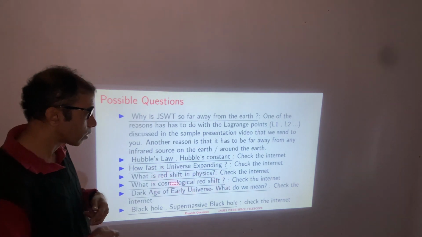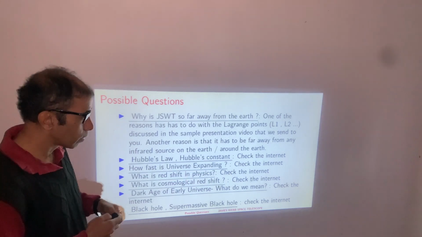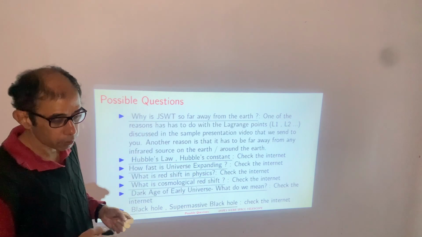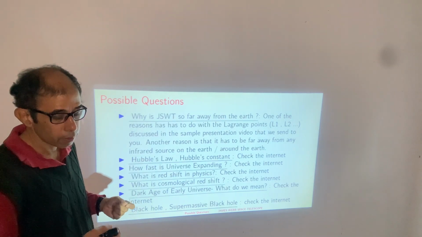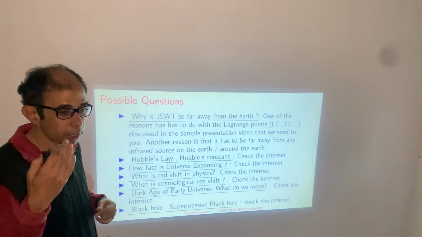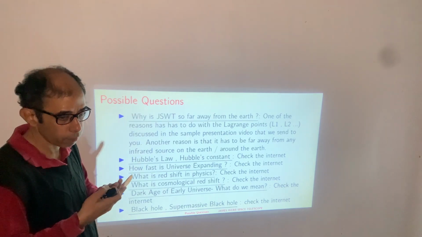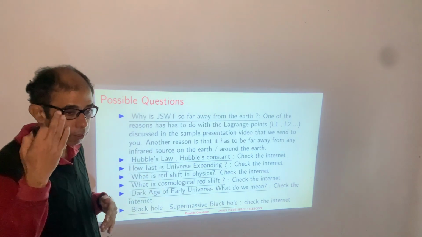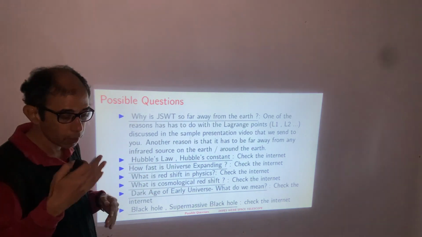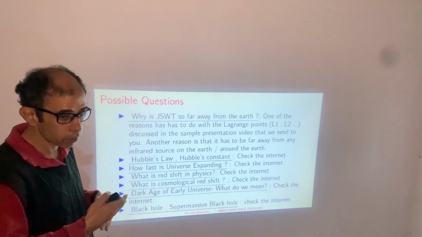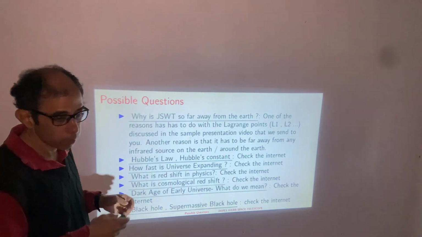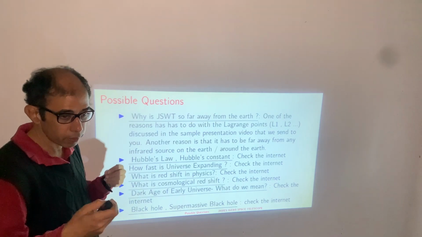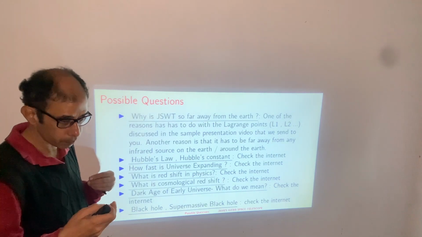And cosmological redshift is the increase in wavelength due to the expanding universe. Since the universe is expanding, a gamma ray, which has a very short wavelength, if emitted in the early universe, is now, after so many years, not a gamma ray anymore, because its wavelength has increased.